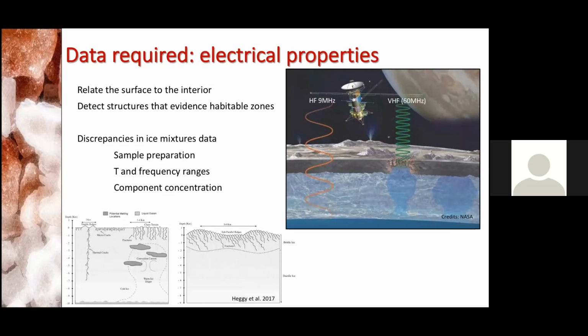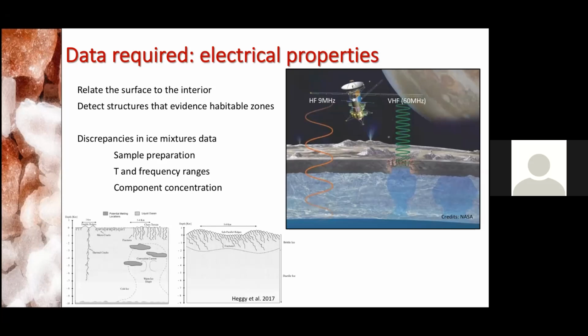So these missions to the Jupiter system will observe literally the interior of the moons. We know that there are discontinuities in the crust, and of course we want to detect them. So making this kind of measurement will facilitate the interpretation of the future data that we will have.